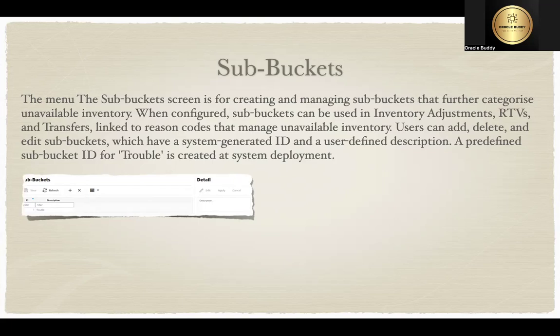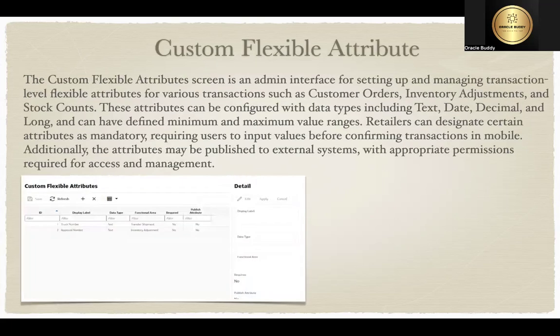Similarly, we have plus customer order reserve, minus customer order reserve, and combinations of minus stock on hand and minus unavailable, and minus unavailable and plus unavailable. So all these are available dispositions. Based on that, the stock on hand buckets and sub buckets will be updated.